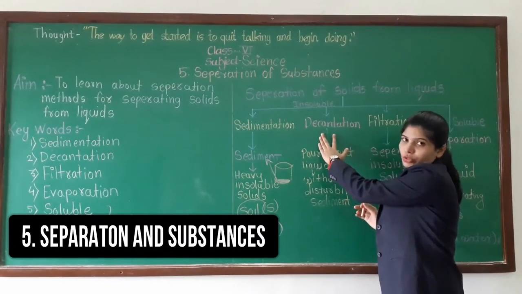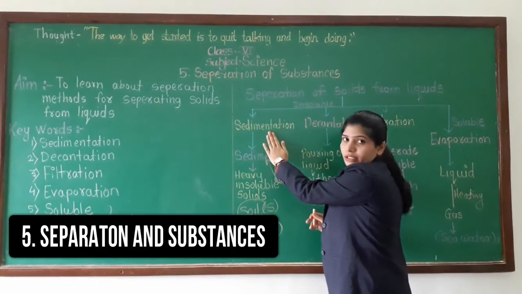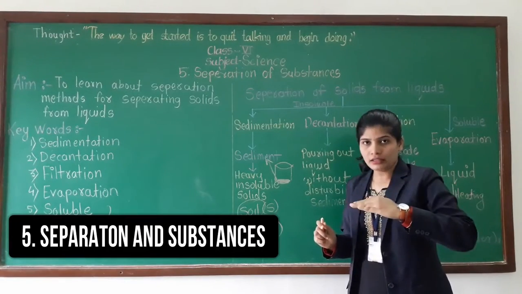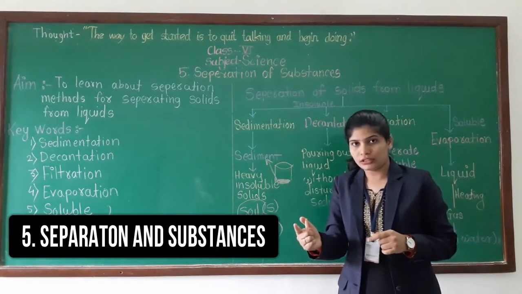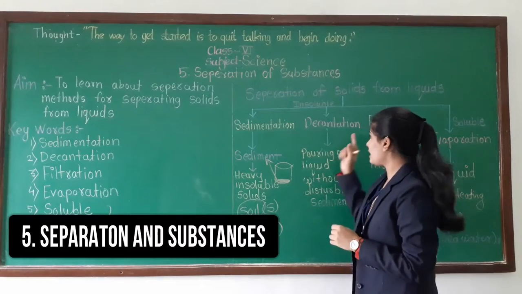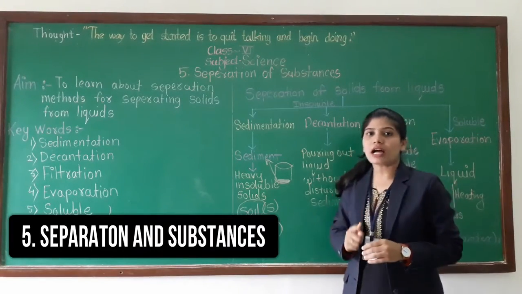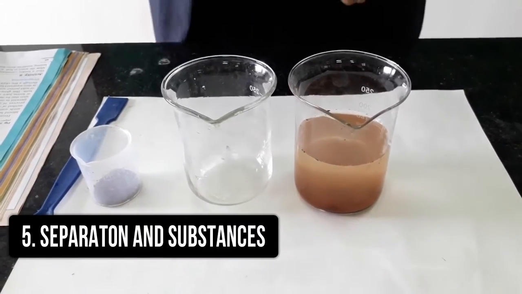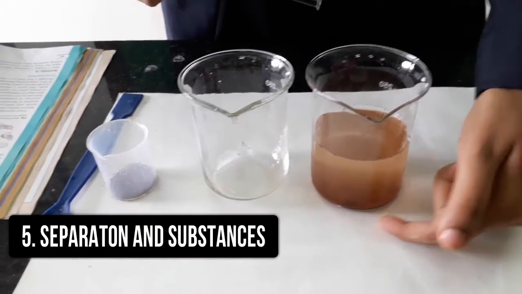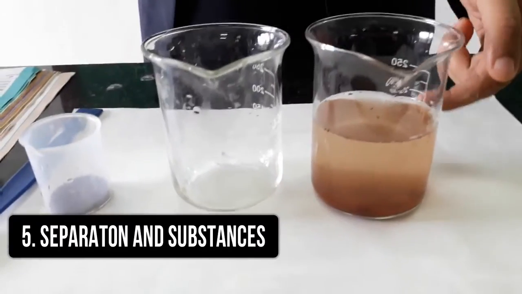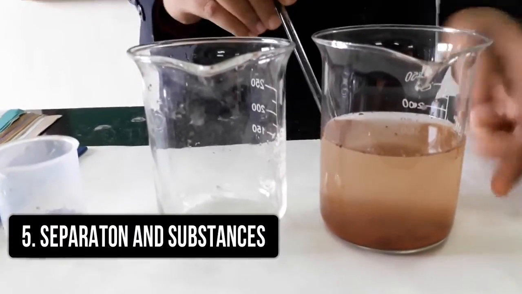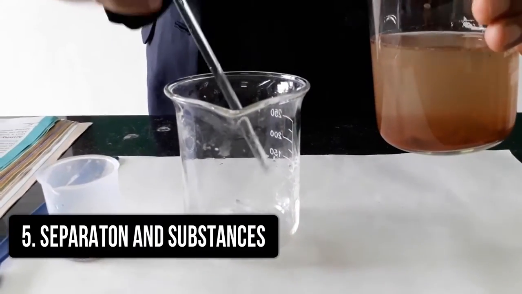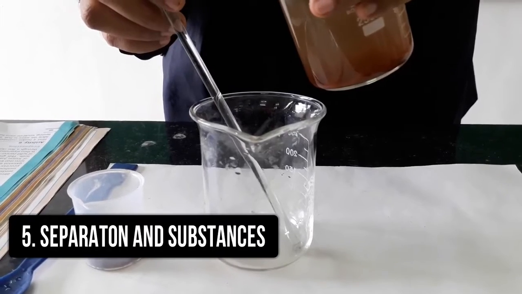This decantation process is based on sedimentation. Whatever water is left on the upper side, we are going to remove that water, and that process is known as decantation. So let's start that experiment. Now you can see the soil is already settled down at the bottom. Without disturbing the sediment, you have to remove the upper water into another beaker like this.